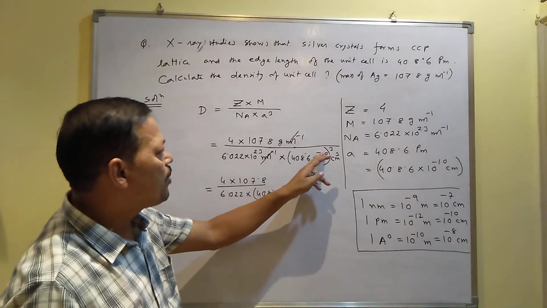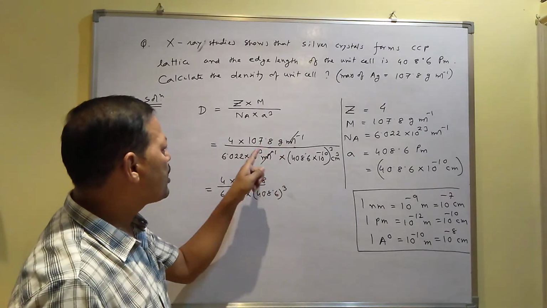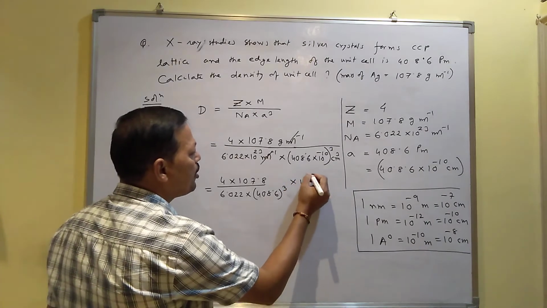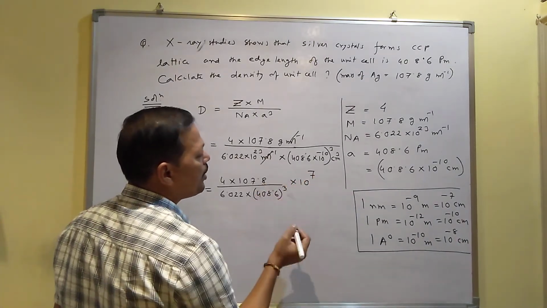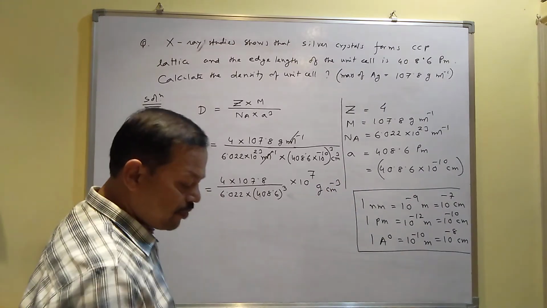This is 10 to the power minus 10 whole cube. 10 to the power minus 10 whole cube means 10 to the power minus 30. 30 minus 23, I mean you will get 10 to the power minus 7. And it will convert to 10 to the power 7. It will be gram per centimeter cube.